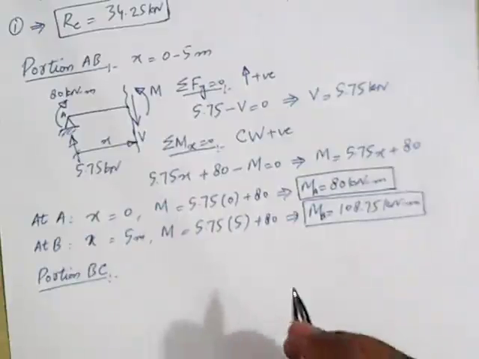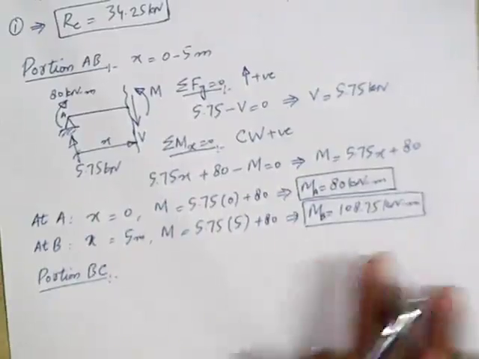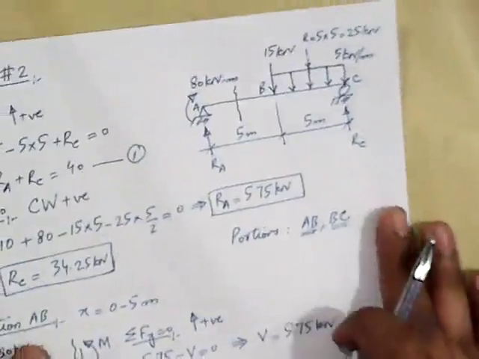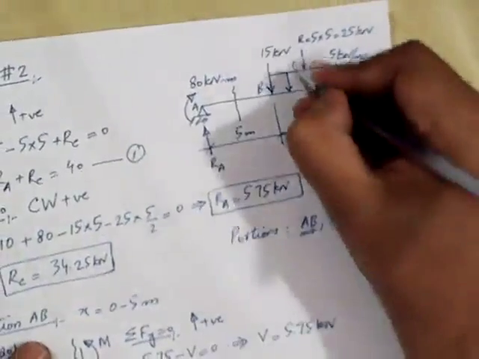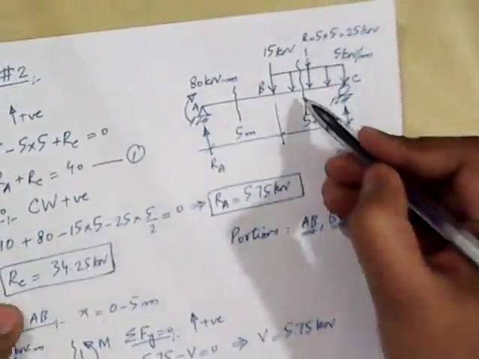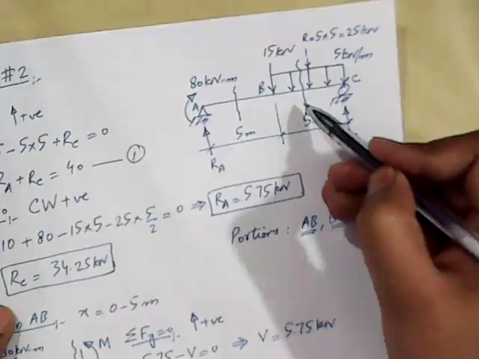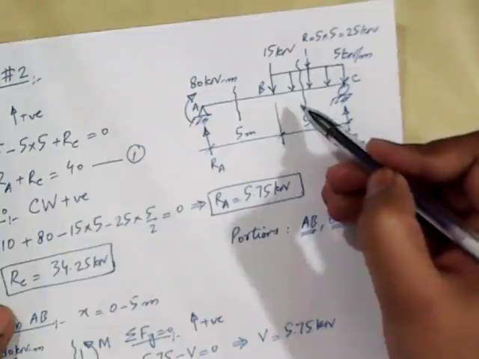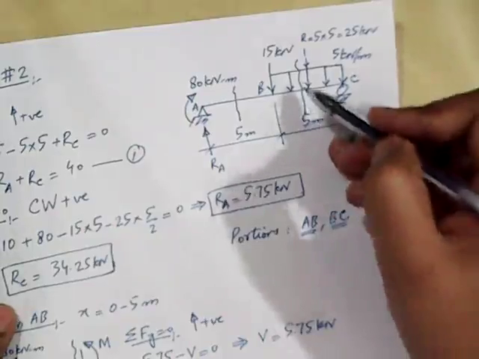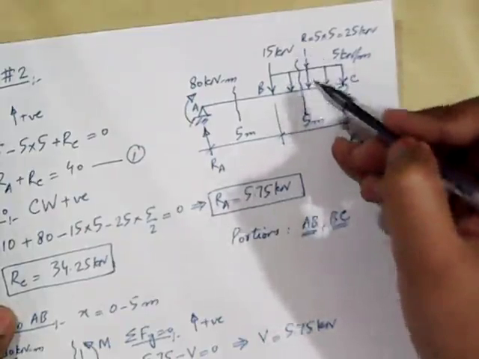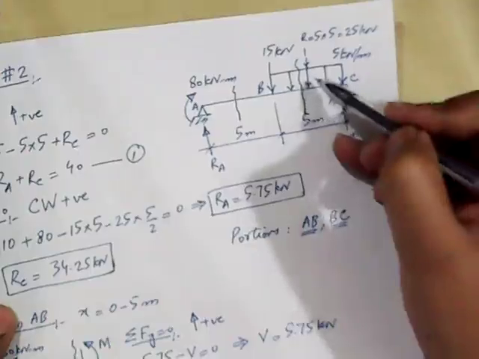In portion BC, we will have to draw the free body diagram first. We will consider a section somewhere over here. Somebody asked me about one of the problems related to UDL that we solved earlier: why we took the location of the section before the resultant of the UDL, and why not after the resultant.